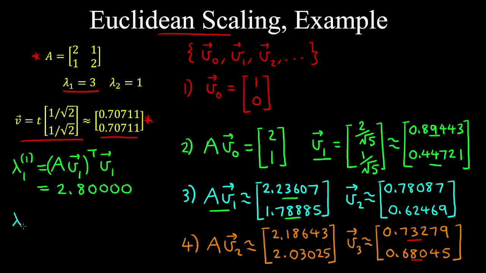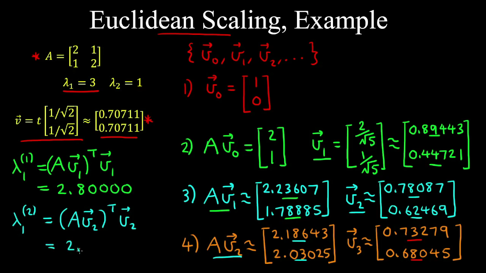And the next approximation to our dominant eigenvalue is obtained by multiplying AV2 transpose by V2, being the dot product between these two vectors. So using these values, you should find it straightforward to evaluate it.